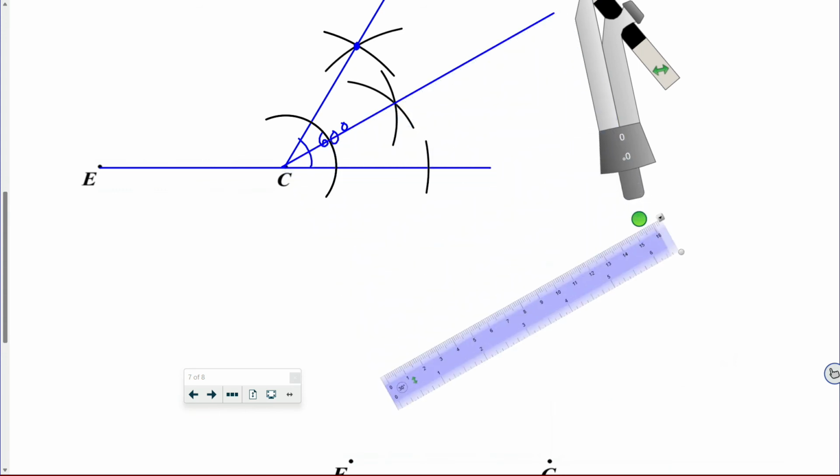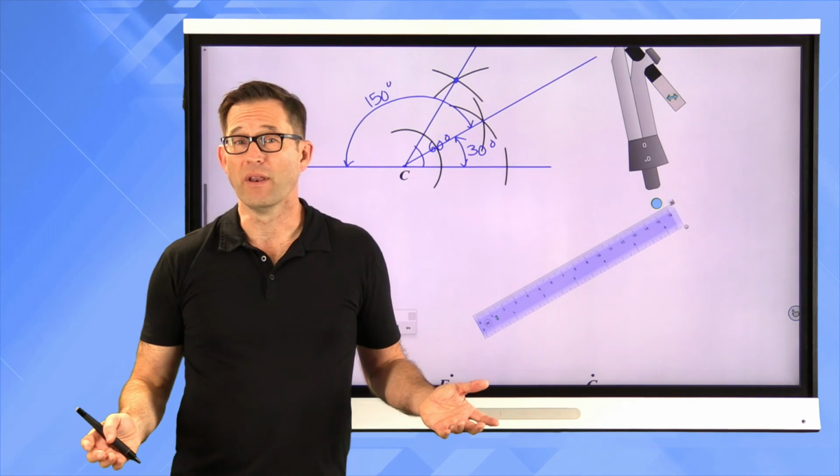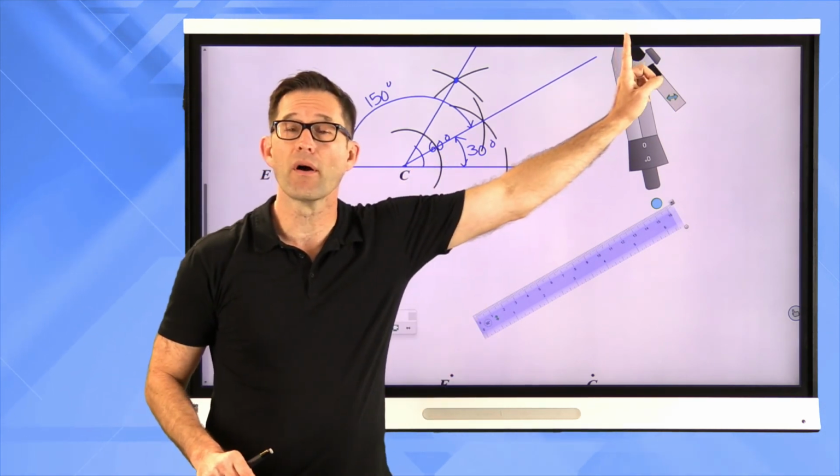Now again, I want you to keep in mind, right? What I've got here is a 30-degree angle right here, which means this entire angle is 180 minus 30 or 150 degrees. Now, what I still haven't done is located point E prime, but I do know that point E prime must lie somewhere along that ray.